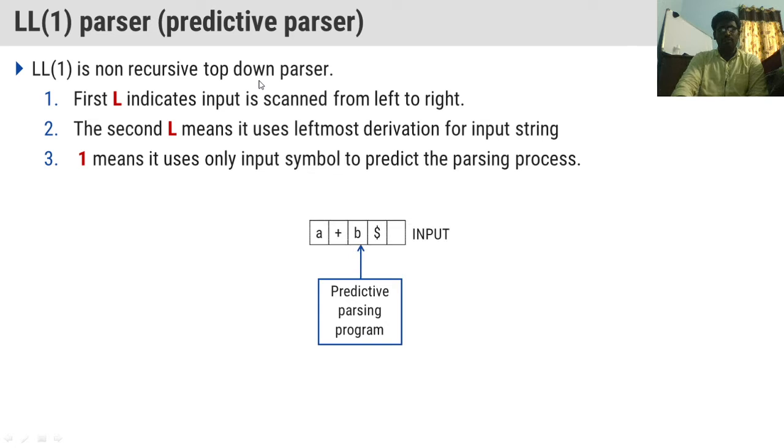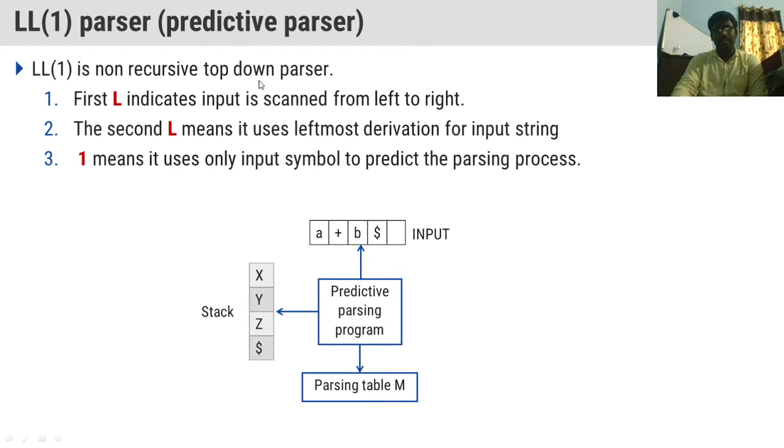So what happens here? We will take the input and we will construct a parse table for this. There are some steps to construct the LL1 parser. The output of this LL1 parser is the parsing table. We are going to construct a parsing table that we will see. Based on the parsing table M, we will parse the input string given here.